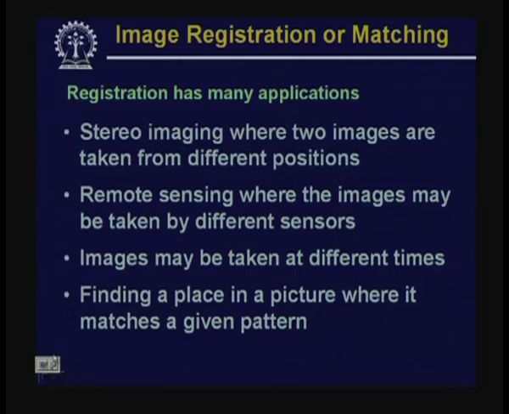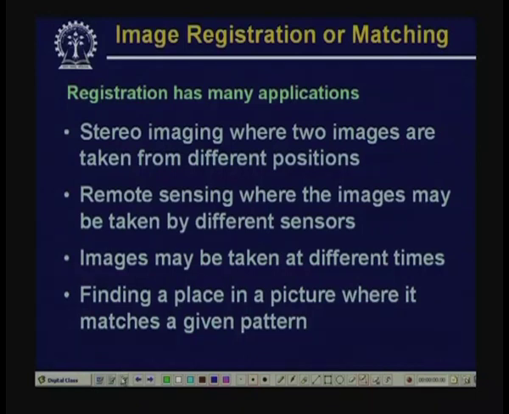Now, to explain the registration techniques, let us take the first example, that of template matching. For this template matching, we take a template of a smaller size, which we call the template F. Say F is a two-dimensional image of a smaller size, and we have an image G which is of bigger size.